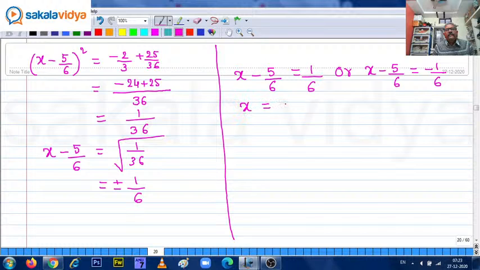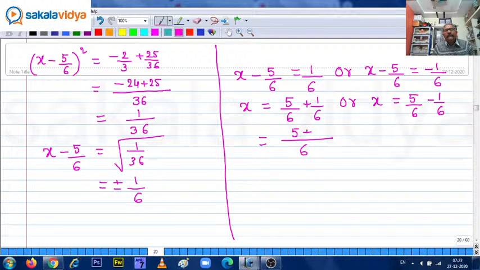X equals to 5 upon 6 plus 1 upon 6, or x equals to 5 upon 6 minus 1 upon 6. 6 is the LCM. 5 plus 1 equals to 6, 6 is the LCM. 5 minus 1. This will be 6 upon 6. This will be 4 upon 6. 2 2s are 4, 2 3s are 6.